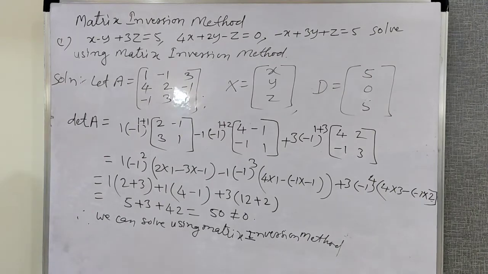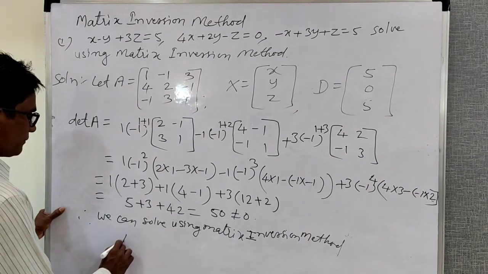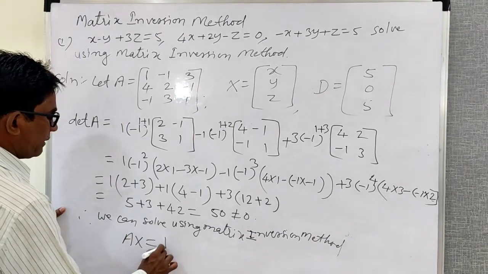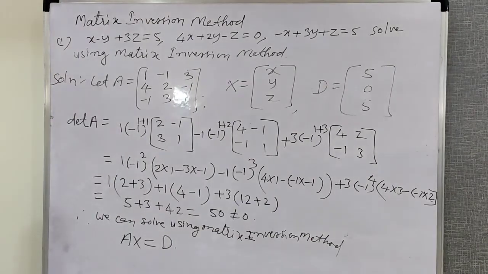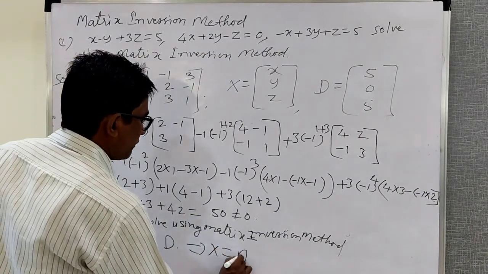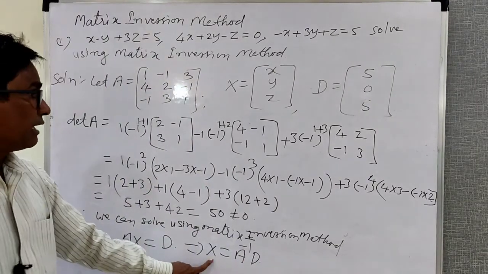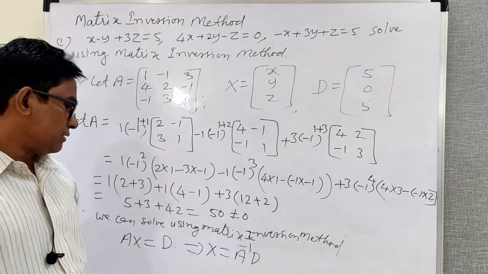Now after getting that, we have to write this equation as Ax is equal to D form, and implies x is equal to A inverse D. What is x actually? X means x, y, z.